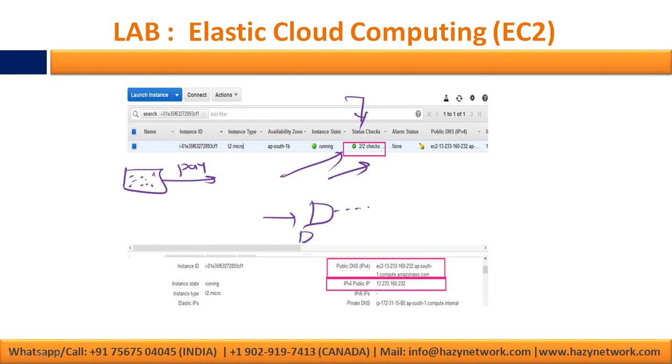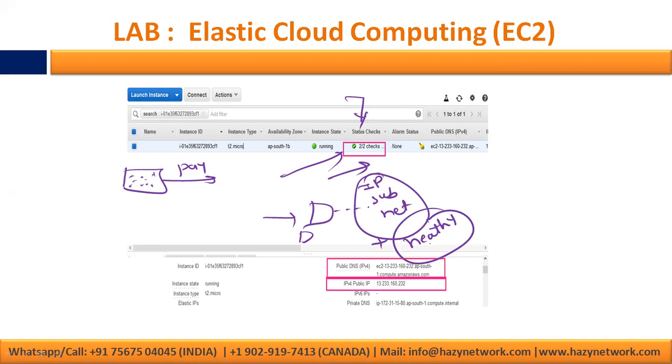Technically, whatever IP you have chosen, whatever subnet, whatever network you have chosen, it will verify all the configuration, plus it will also check that everything is healthy or not.